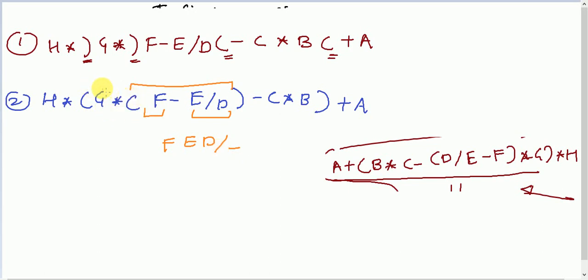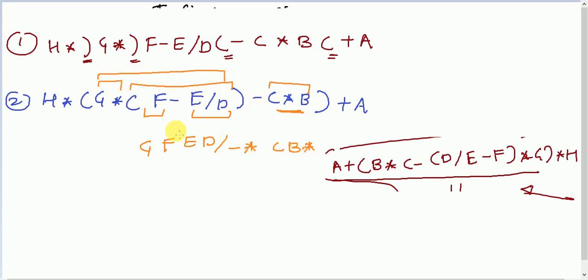Then this whole bracket is getting multiplied with G. C and B are getting multiplied, so that will be C B, and the result of this C B is getting subtracted from this whole answer.